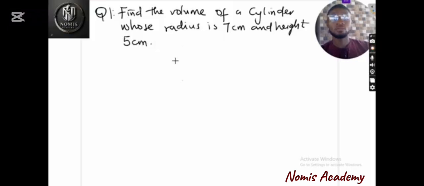So how do I calculate this? The volume of a cylinder whose base radius is 7 centimeter and height 5 centimeter. So let's go into the solution.